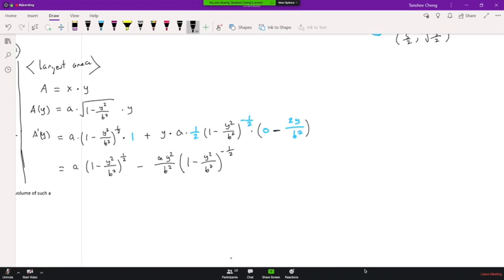Y is the variable, so we are taking the derivative of the area function with respect to y. Oh, okay. So when you look at it from here, you're taking the derivative of only the y squared part, which is going to become 2y. Any other questions?